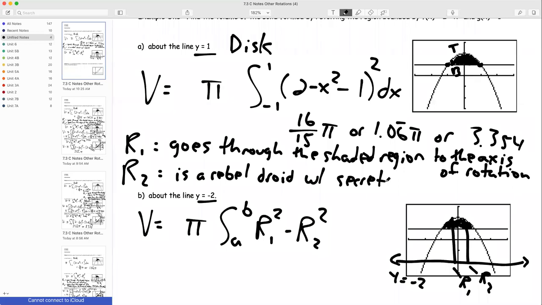We don't want to stray from our calculus notes. Hold on. R2 is not the rebel droid with the secret plans to destroy the Empire. Why don't you just erase that? I just wrote it. Because it's a joke, Jacob. R2D2, come on. Have we never seen Star Wars?